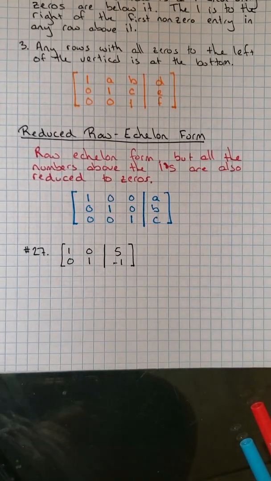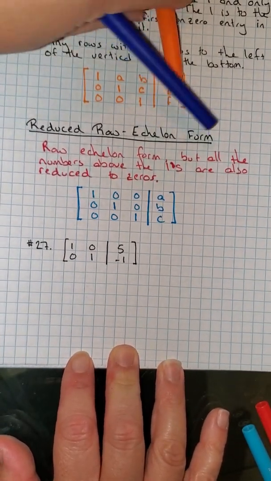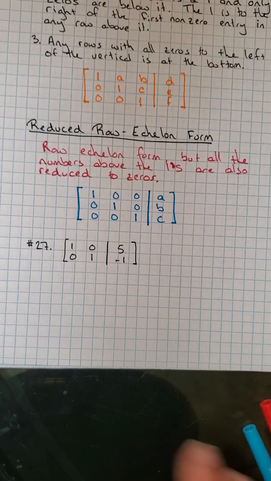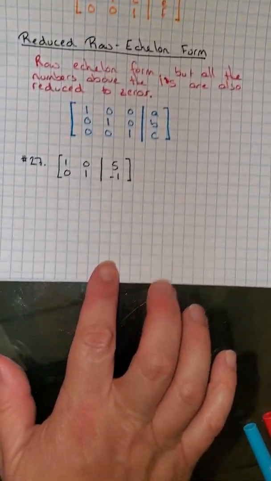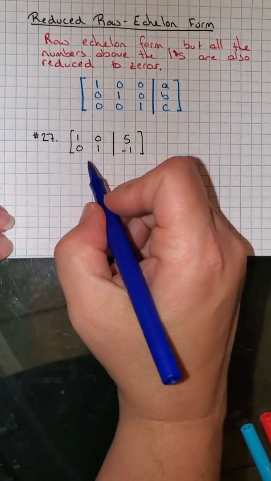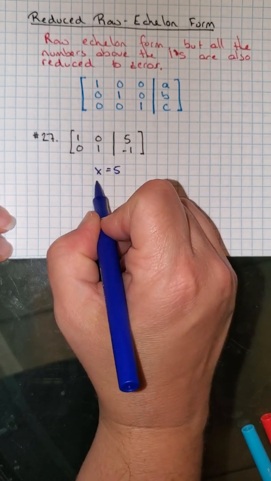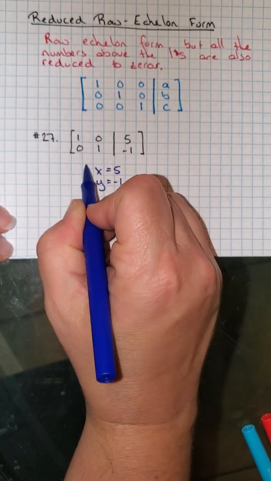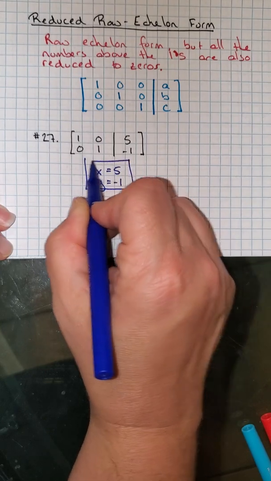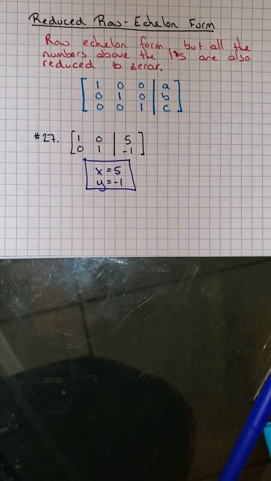Write the system of equations corresponding to the given matrix. Okay, so this one only has two unknowns, an x and a y. So the first one is in place where the x would be, so that means x equals 5. And then this one means y equals -1. So that is actually the solution to that system of equations because it is in reduced row echelon form.